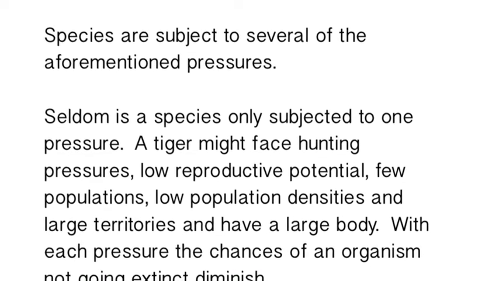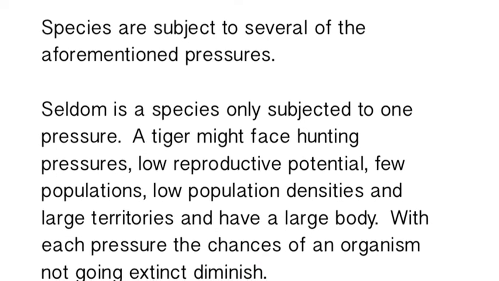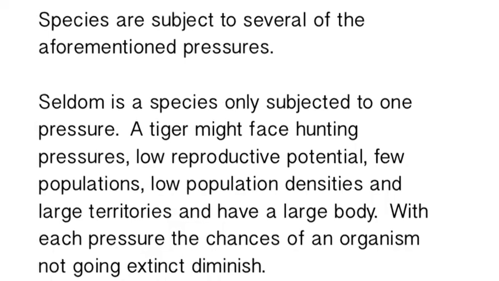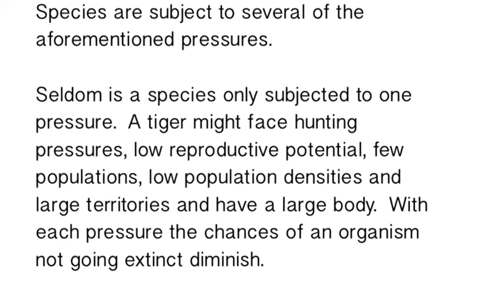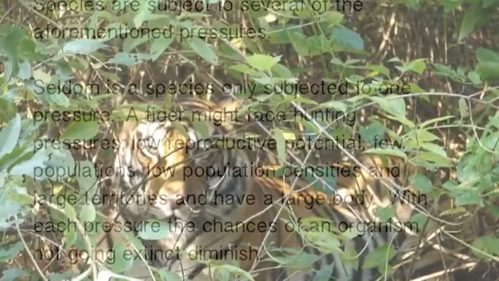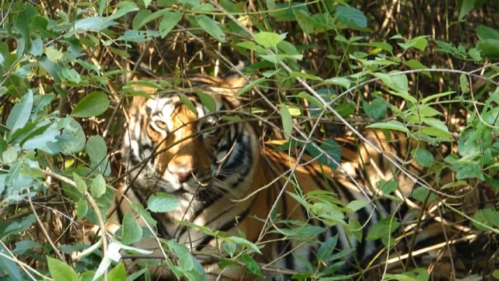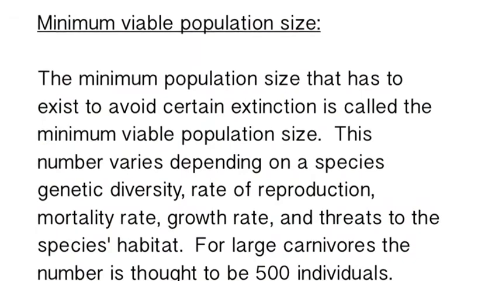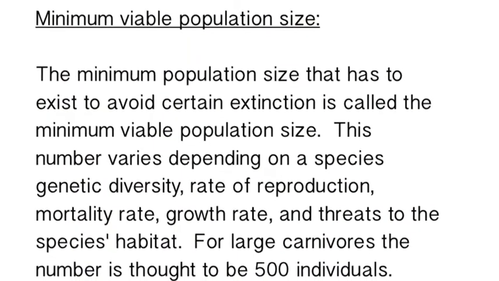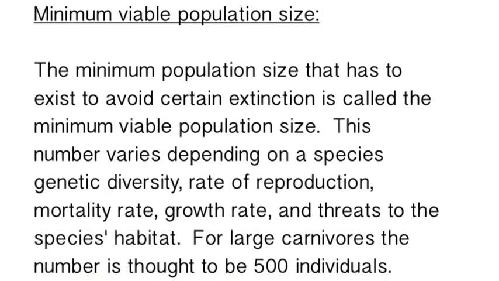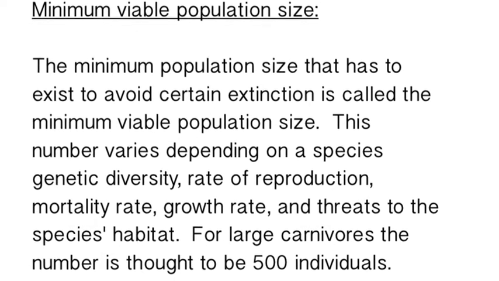Now here's the other problem. Species are not just subjected to one of these things I just listed, they're subjected to several of these things. So a tiger might have a low reproductive potential, it might have large territory to move through, it might have low energy coming to it. That's 3 or 4 or 5 different things that are putting pressure on its population. So how far can they go down?